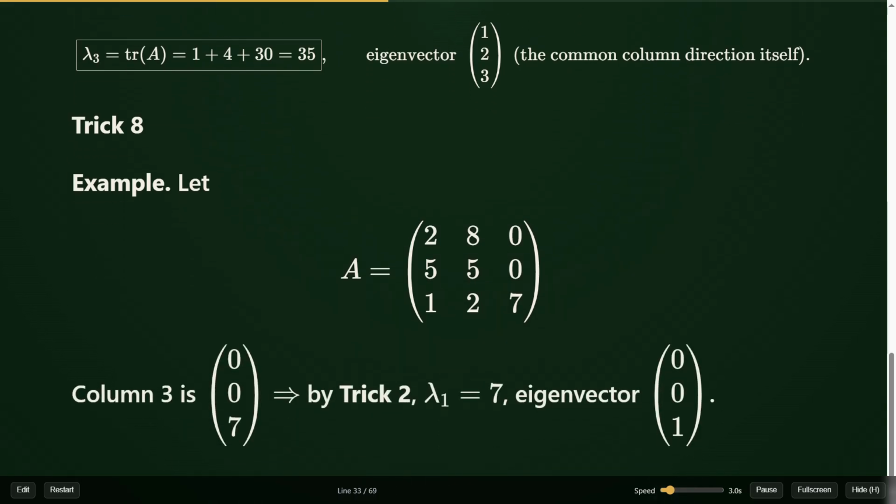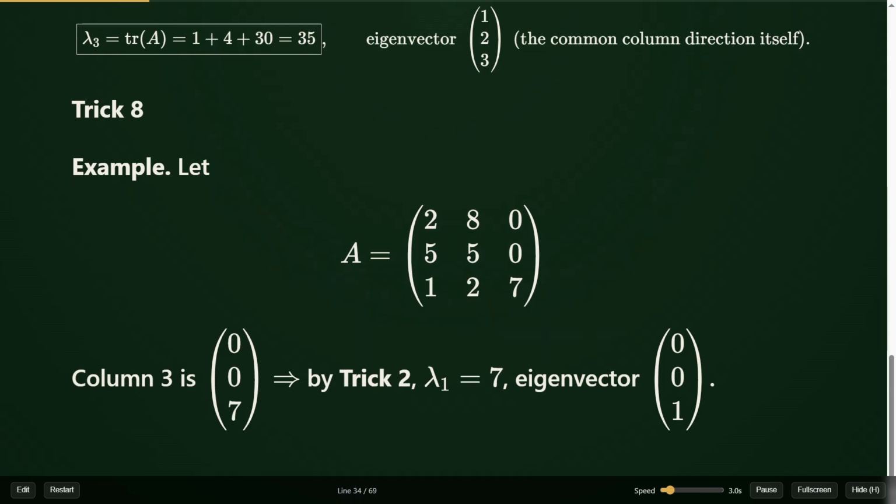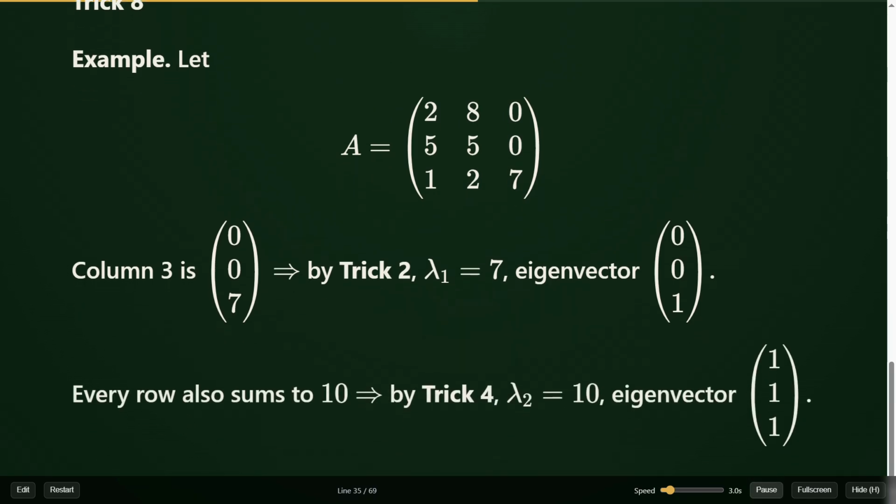Then all rows add up to 10. Therefore, the second eigenvalue is 10. So now we have two eigenvalues with us. For 7, the eigenvector is easy, 0, 0, 1. For eigenvalue 10, again the eigenvector is easy, 1, 1, 1.